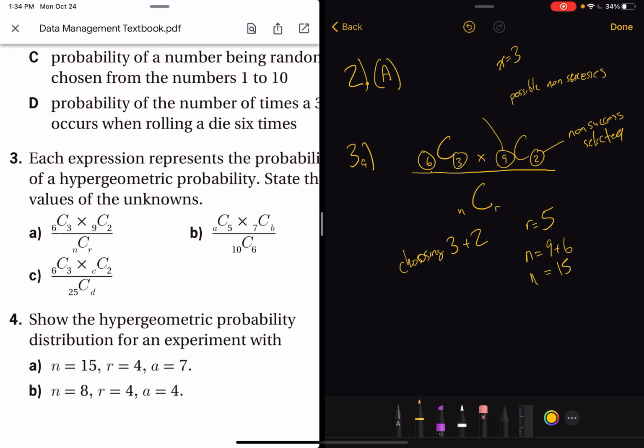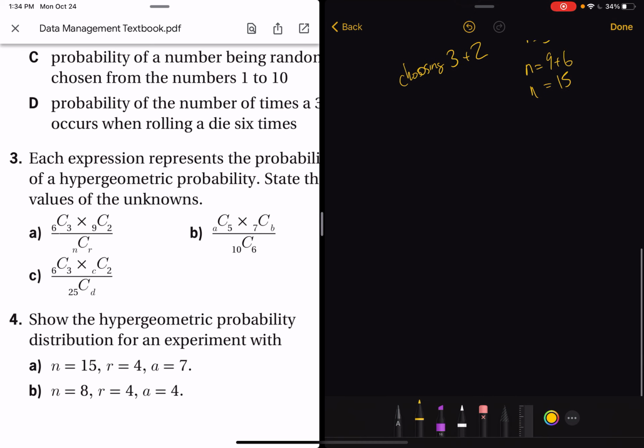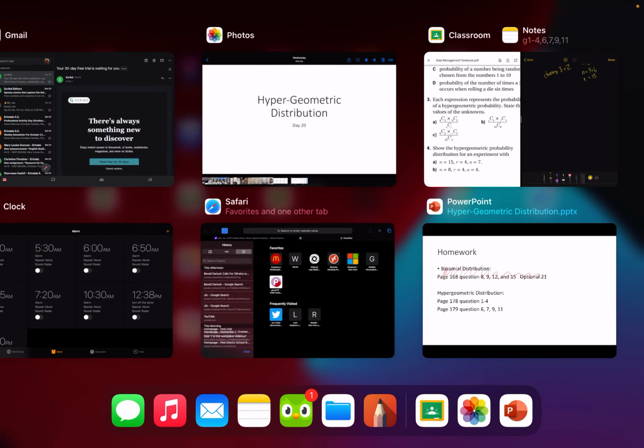There are 9 non-successes and 6 successes available, so that's the total number of options available. That's what N is. Essentially the sum of those equals n. If we look at the formula, let's take a look at this formula.